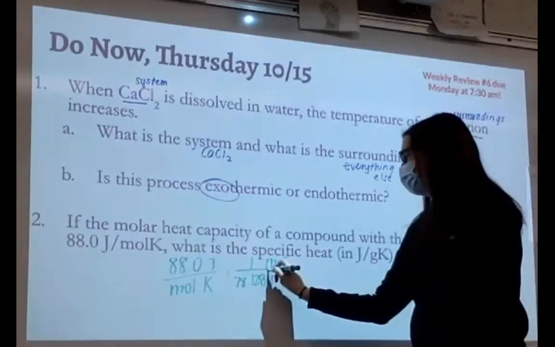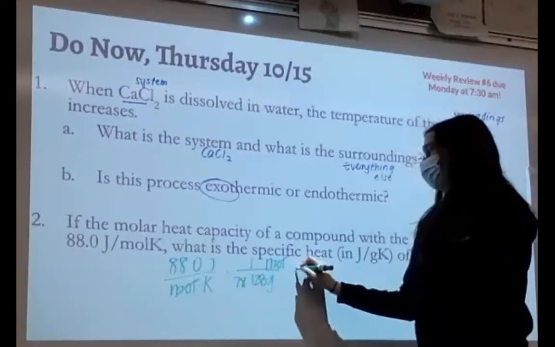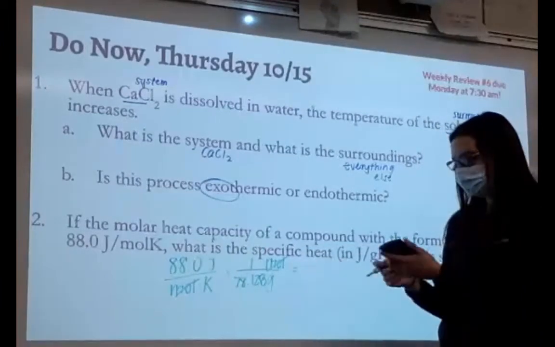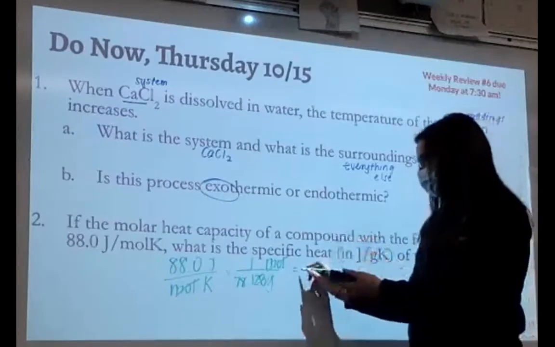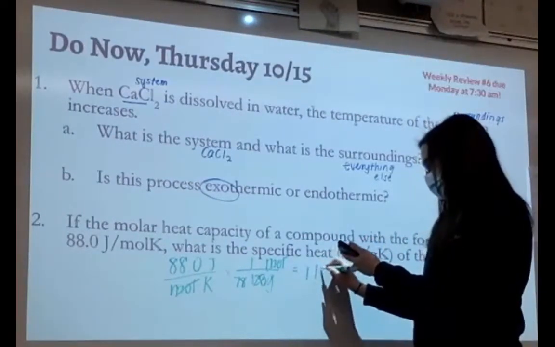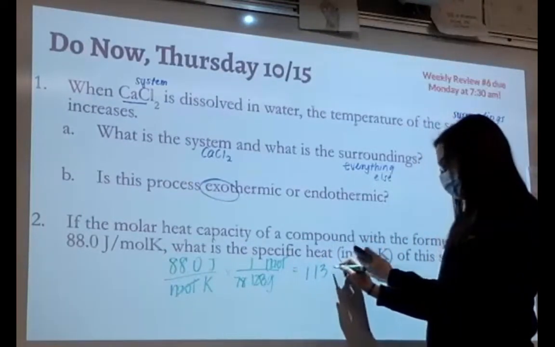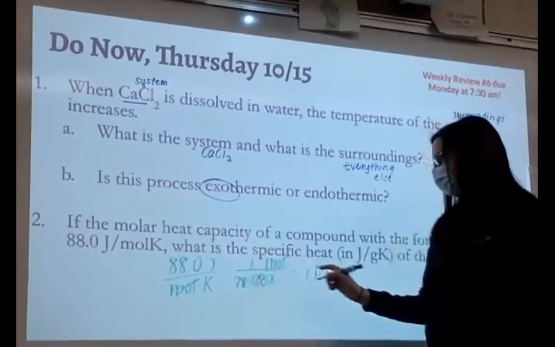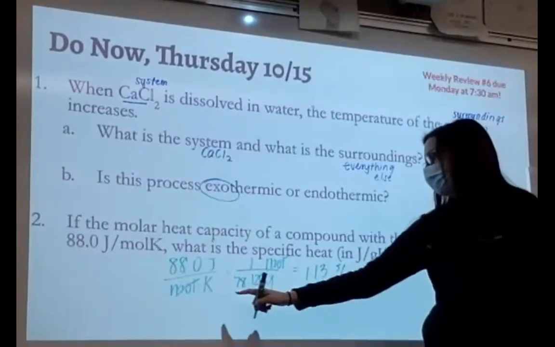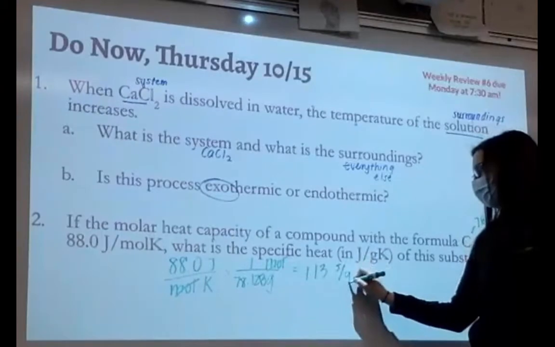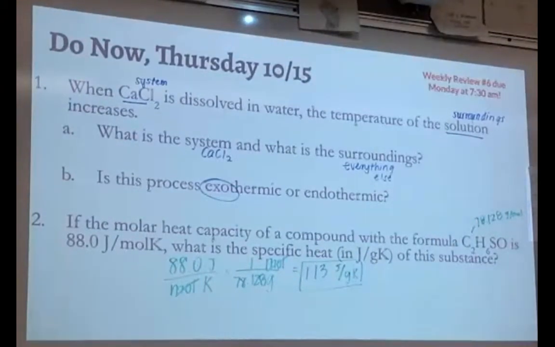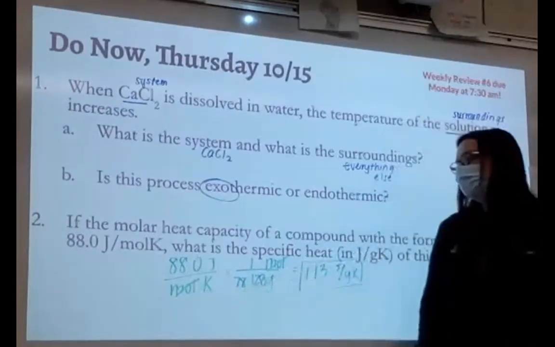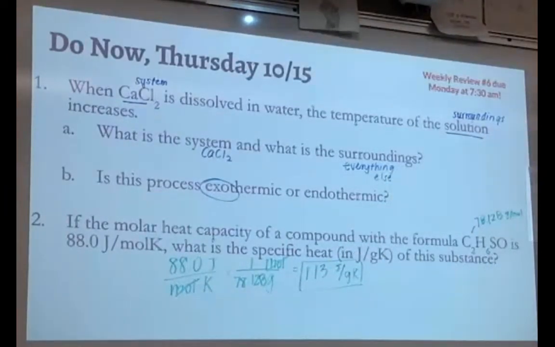So now moles cancel. When I multiply and divide, 88 divided by our answer, 1.13. So joules is on top, Kelvin and grams is on bottom. So it takes 88 joules to heat 1 mole of this substance by 1 Kelvin.